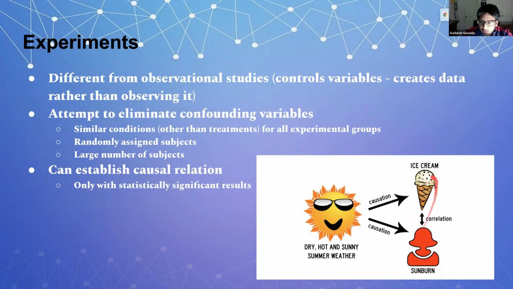It's that they both happen to be more common in the summer, because hot weather makes you want to eat ice cream, but it also makes sunburn more likely. So these two are just correlated, but there is not a causal relationship between the two, because they're both caused by a confounding variable. But in experiments, you try and eliminate the confounding variables, so then you can establish a causal relationship. That's the main difference between an experiment and an observational study.